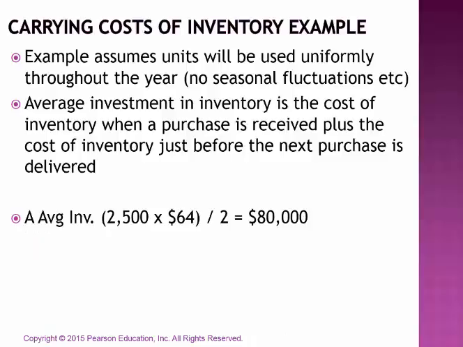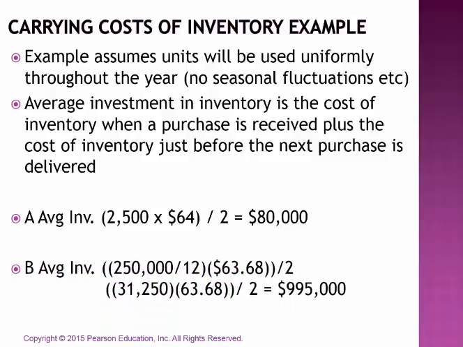So we're basically generalizing and coming up with an average amount that would be held. Under Plan A, if we take 2,500 units at $64 apiece list price, we get a total dollar amount invested. Divide that by 2, and that gives us $80,000 on average being invested in inventory.